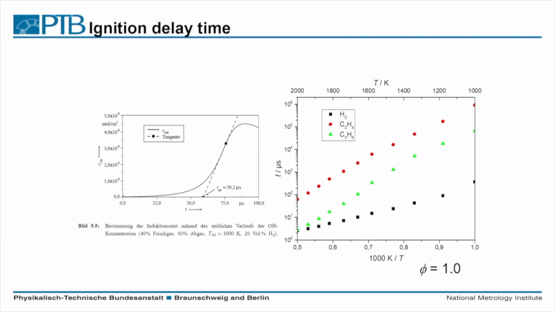So the ignition delay time of hydrogen, ethylene, and propane for different initial temperatures are plotted here, and you see here in this high temperature range they follow more or less in this logarithmic plot a linear relation. So it's following this Arrhenius dependency we know already.